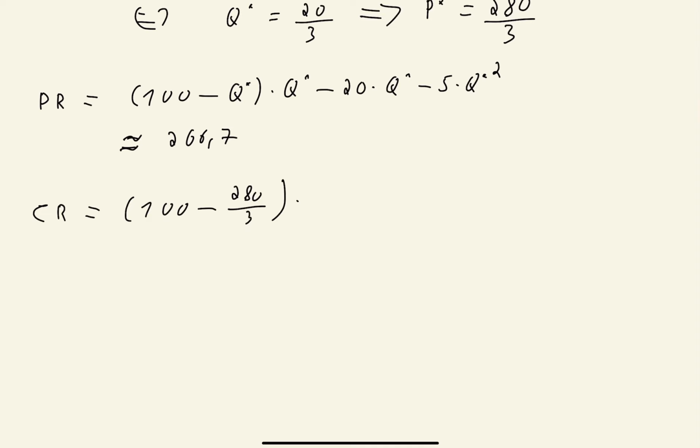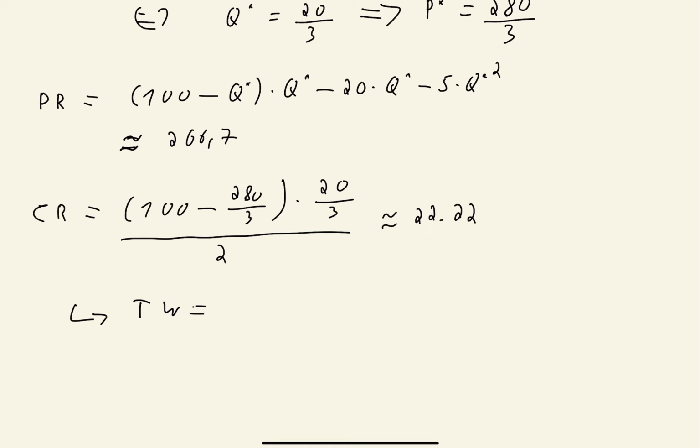We multiply this with the quantity which is traded, which is the amount demanded by all consumers with a willingness to pay equal to or larger than the monopolist's price. We divide this by 2, and this is roughly equal to 22.22. So the total welfare, if we add up, is something around 288.9.